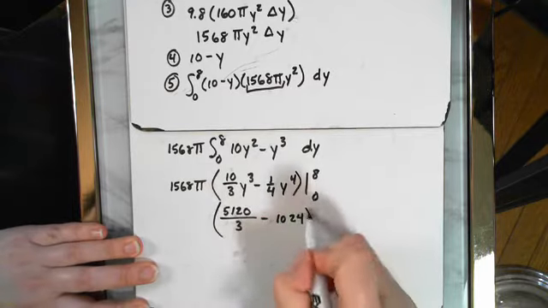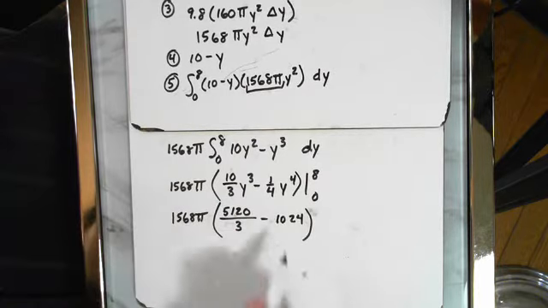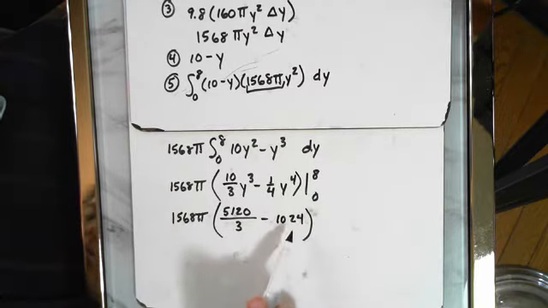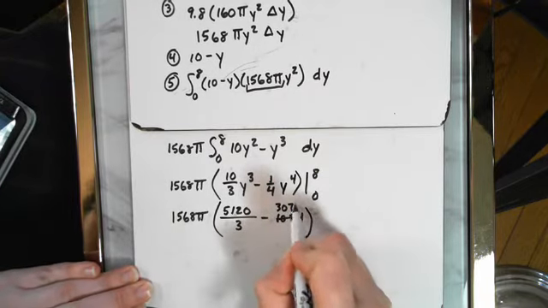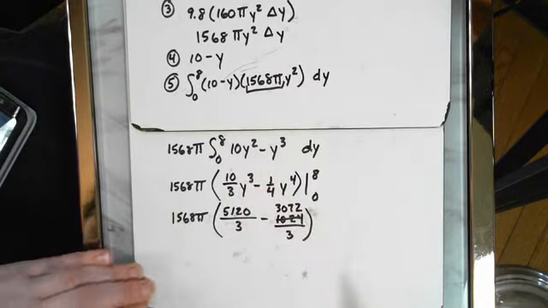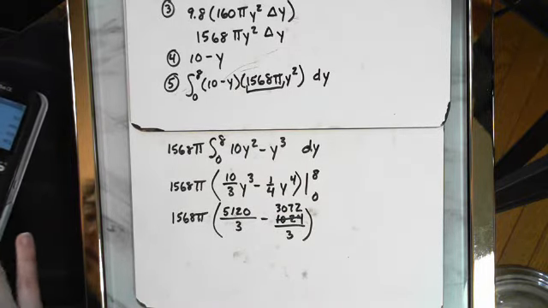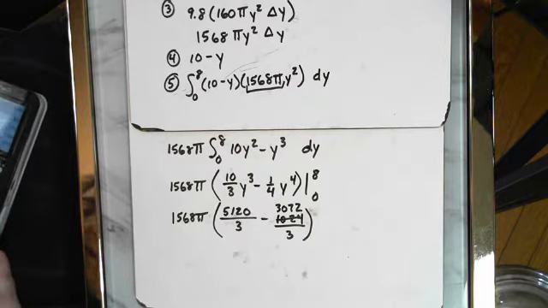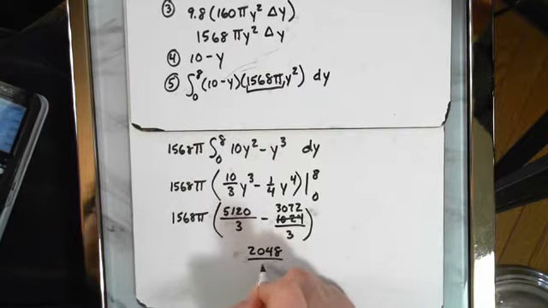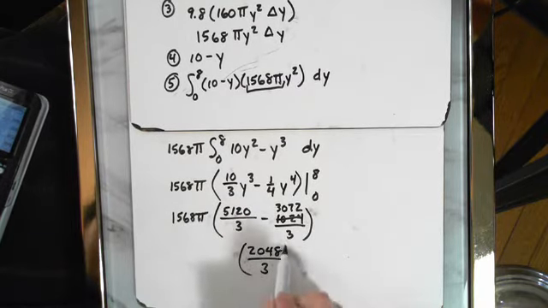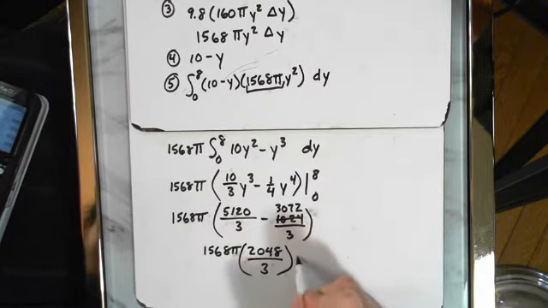So I just have to calculate this with 1568 pi at the end here. So getting common denominators, I would do 1024 times 3, which is 3072 over 3. And 5120 minus 3072 is 2048 over 3.